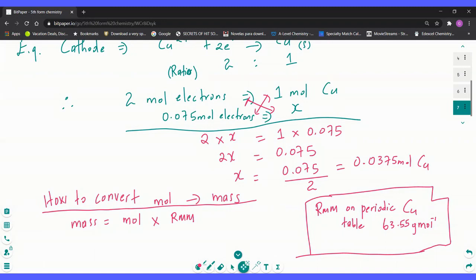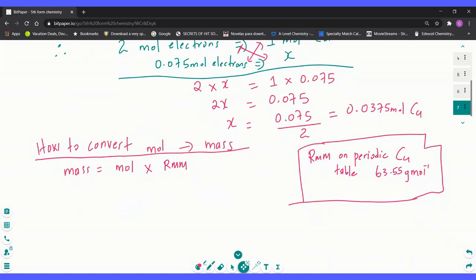So if I wanted to know how much 1 mole of copper weighs, I could look at the periodic table and I can say 1 mole of copper weighs 63.55 grams. That's the importance.